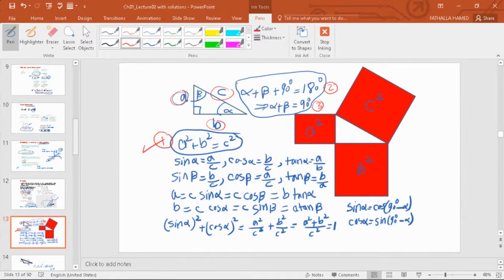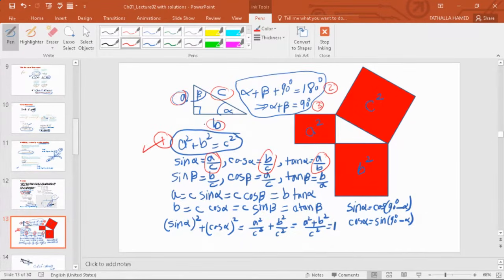And the best way to do that is to take the ratio of A to C, so it is A over C. What's the ratio of B to C? It's B over C. What is the ratio of A to B? It's A over B. Now, these were defined as sine related to the angle alpha here, for example.